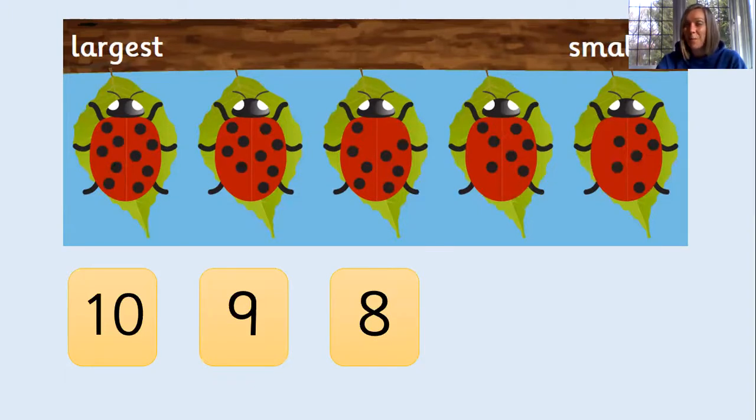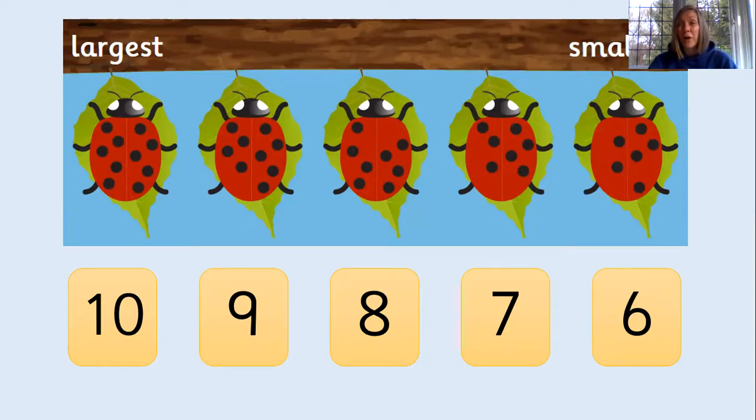Can you guess the next one? 7. And then my smallest number this time was 6. 1, 2, 3, 4, 5, 6. So a really good job if you got that challenge right and you went from the largest to the smallest number. Now you can rub those boards off and put your lid on your pen because we're going to be finding out about that new word today and what we are going to be measuring.